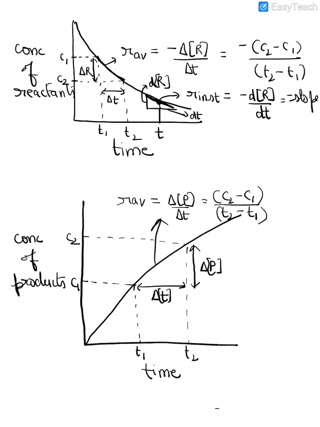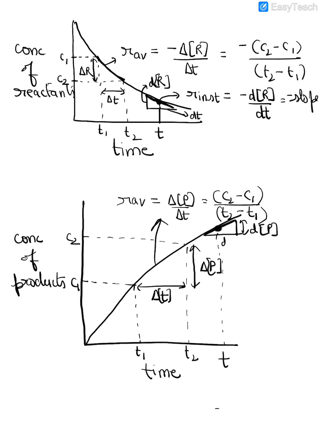Similarly, if we want to express the instantaneous rate here, we'll consider a particular time t. We'll draw a tangent along this and enclose it in the form of a triangle. This will be dp.